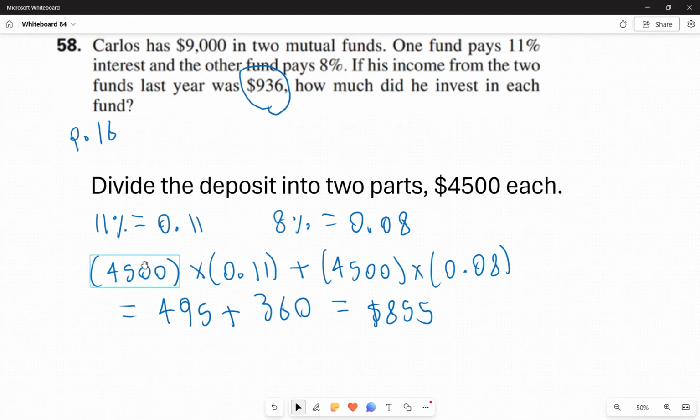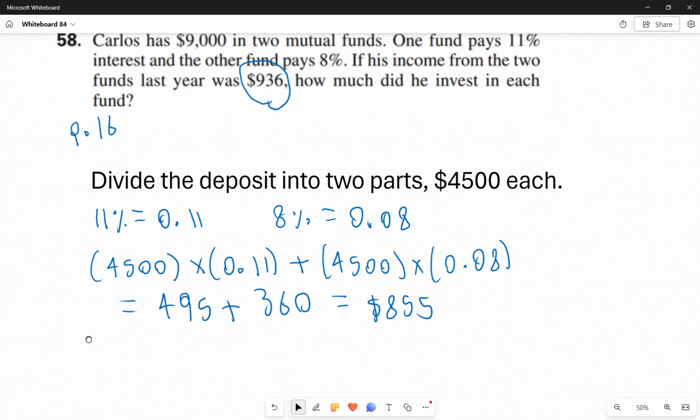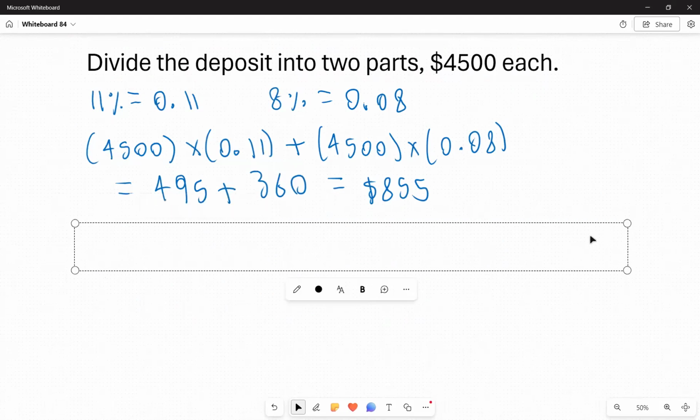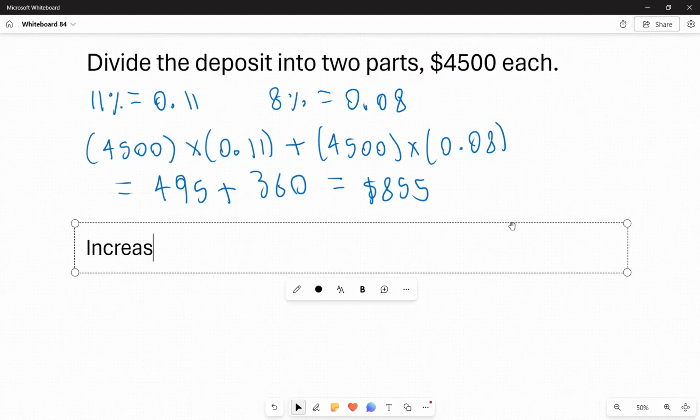What we're going to do, we are going to increase the amount on the 11%. That is, we're going to increase the amount on the fund with the highest interest, on the higher paying investment.